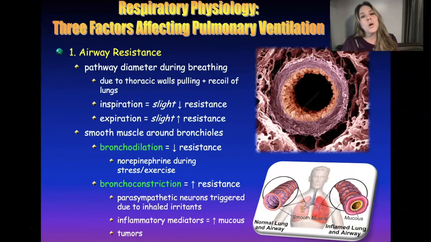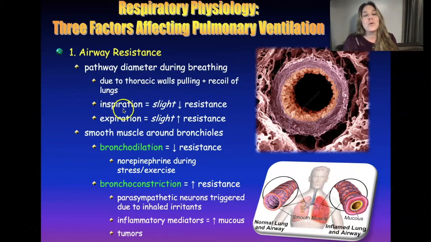And then recall also that there are muscles in the thoracic wall that are constantly pulling on the lungs, and the recoil of the elasticity of the lungs allows them to go backwards. And so this natural pulling and recoil that happens during normal breathing is going to affect the diameter of the tubes that conduct air.